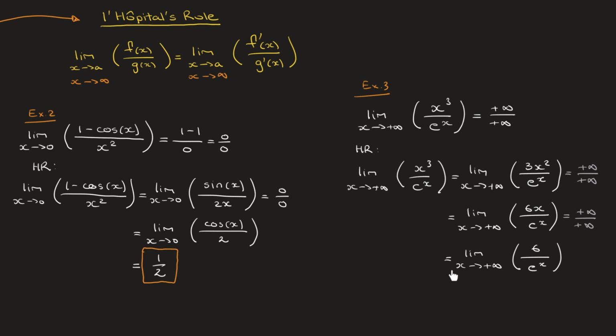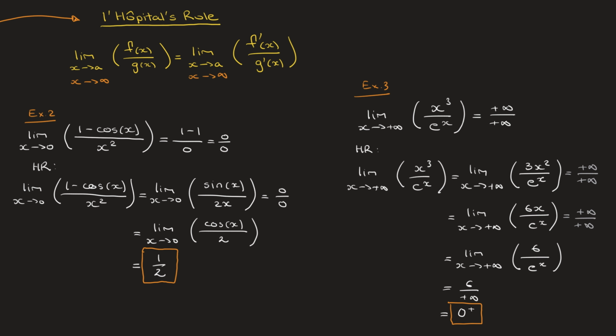And now, in the limit as x tends towards positive infinity, well, 6 just remains 6, and on the denominator here, as x tends towards positive infinity, e of x tends towards positive infinity. In other words, this limit tends towards 6 over positive infinity, which is just 0. And in fact, we could be more specific and state 0 positive. And we're done. Again, repeating L'Hopital's rule several times, we've now evaluated the limit that we started off with.